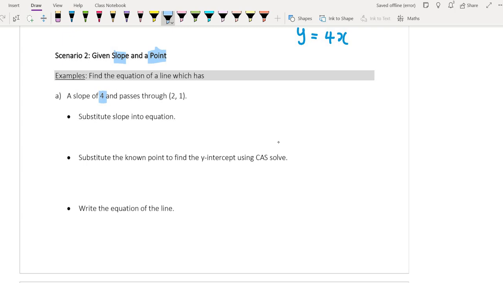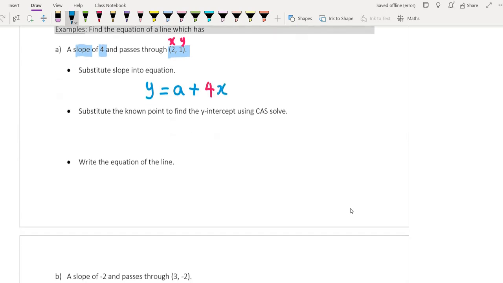So if a graph has a slope of 4 and it passes through the point where x is 2 and y is 1, our first step is to substitute the slope into the equation. So having y equals, we don't know the y-intercept, so we'll just leave it as a. We do know the slope, which is 4, so we substitute 4 like that.